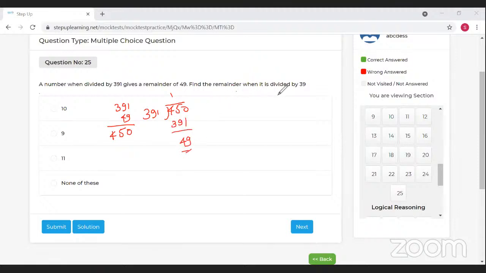Now they're saying find the remainder when it is divided by 39. So just divide 450 by 39.